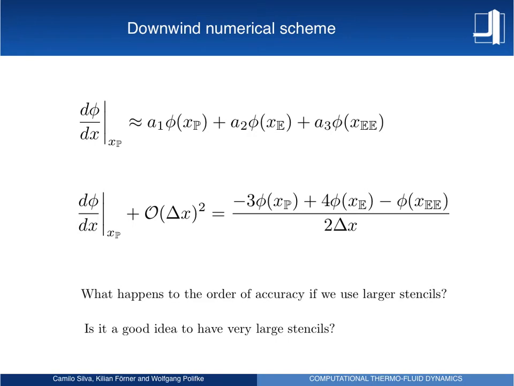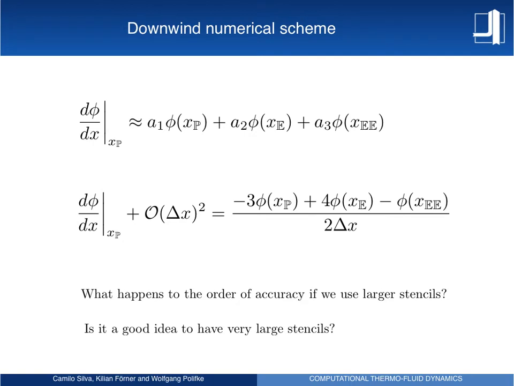The other thing is that as you go higher in the order of accuracy, you will have more unknowns. Now, just to make mention in here, we have in this case 3 unknowns.